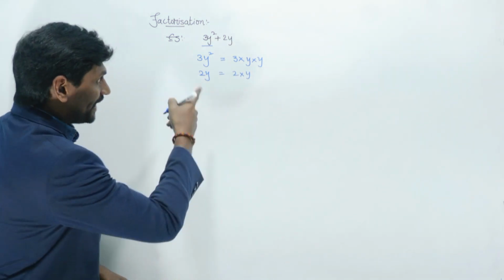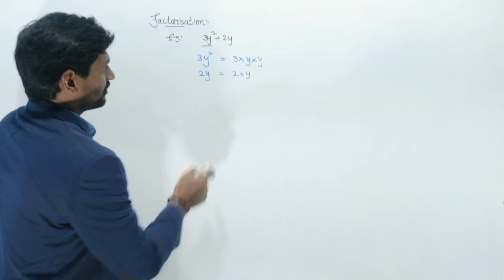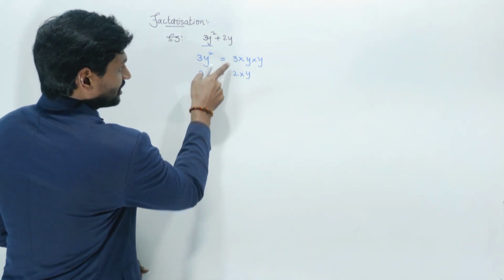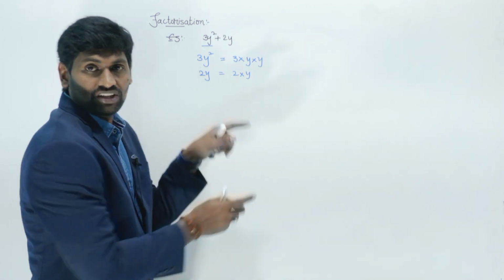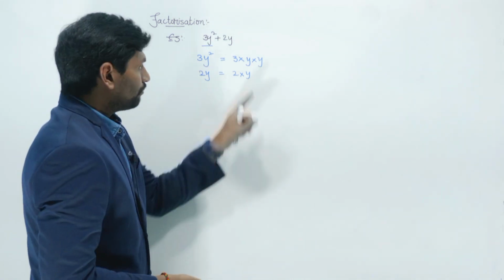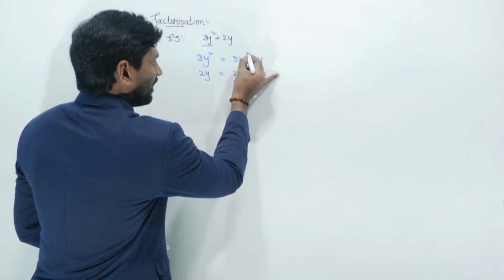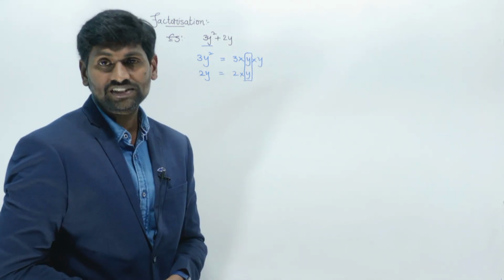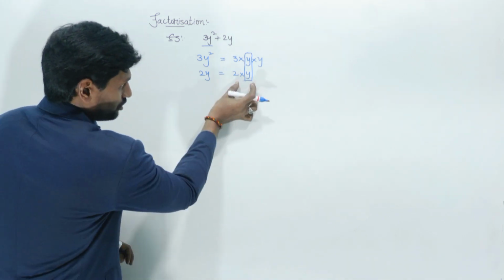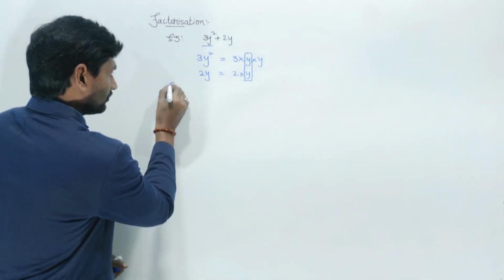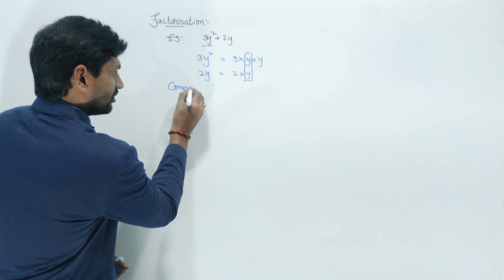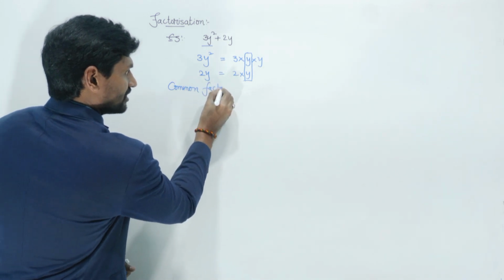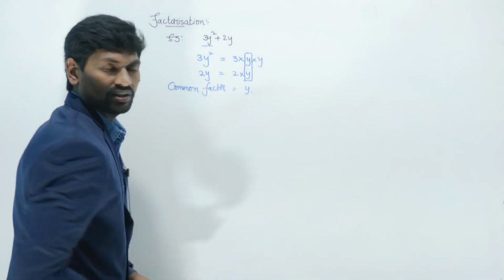Now identify the common factors between them. Here 3, here 2. The numericals are different, so we don't have a common factor in the numerical part. But observe the variables. We have y as a common part. So identify this common factor: the common factor is y.